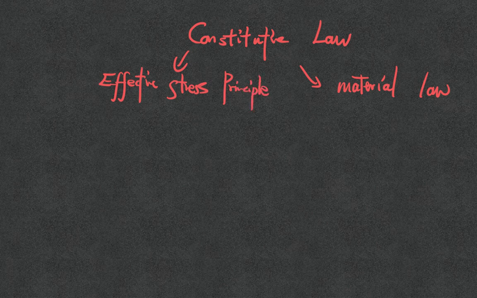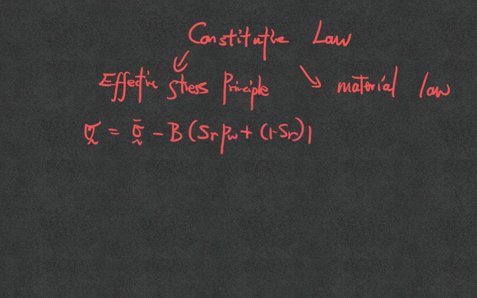Okay, so the effective stress principle is the following. We would write the total stress is equal to the effective stress minus B, which is the Biot coefficient, times the degree of saturation of PW plus 1 minus the degree of saturation of PA, times the identity tensor.